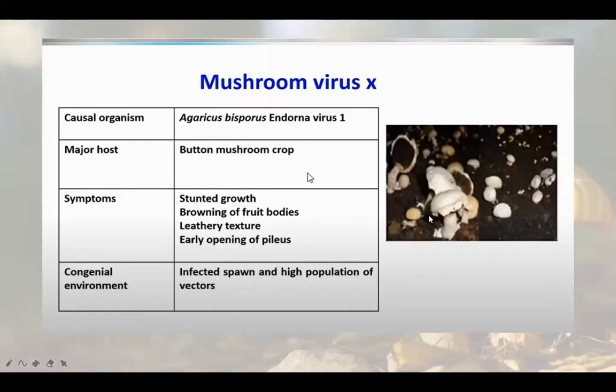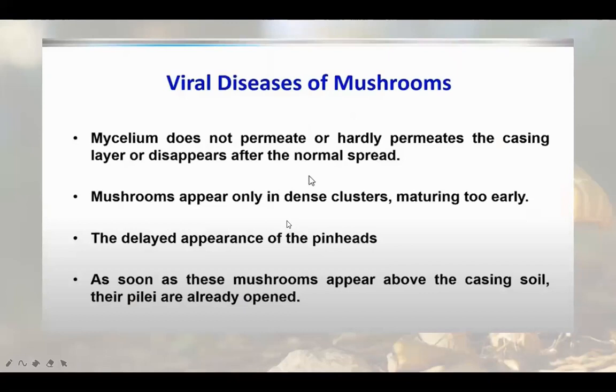Browning of fruiting bodies: you can see the brown color of mushrooms, and the leathery texture changes. There is early opening of caps, meaning the umbrella-like structure opens early. The conditions favoring this disease are infected spawn and a high population of vectors. If spawn is infected, we can get this virus, and if viral vectors are more in number, then also we can get the disease.